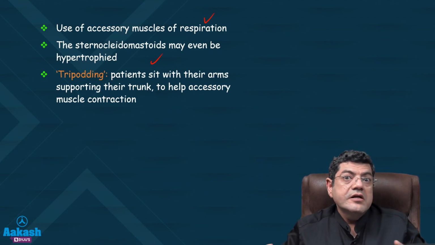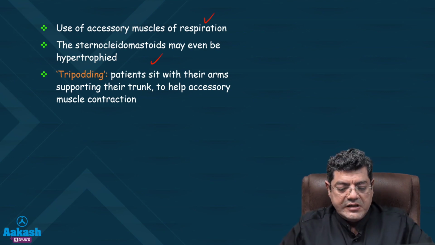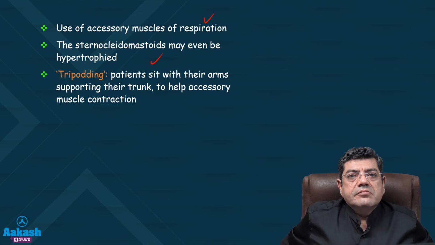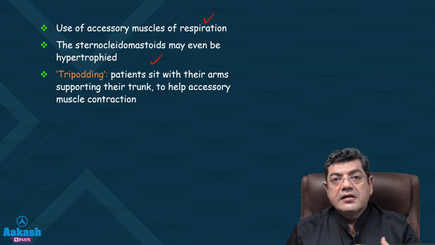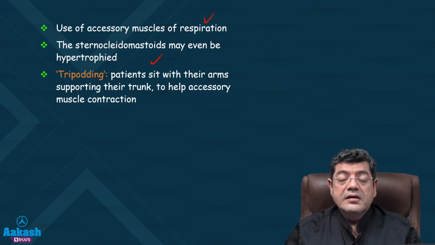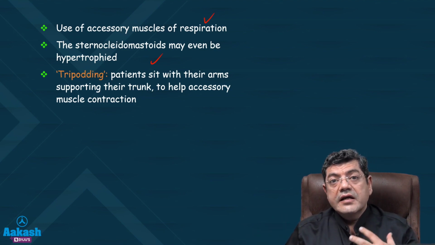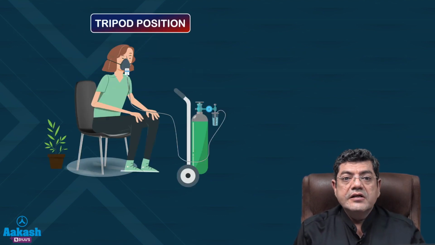Because they are using accessory muscles, they would sit like this, or they would sometimes sit with their arms behind their trunk. So they try to fix their trunk, their upper limbs and their neck, so that the accessory muscles can contract more effectively. This position is called tripoding.